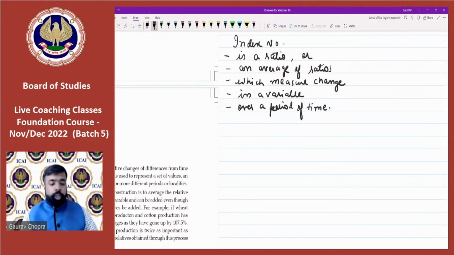So this is the definition of index number.